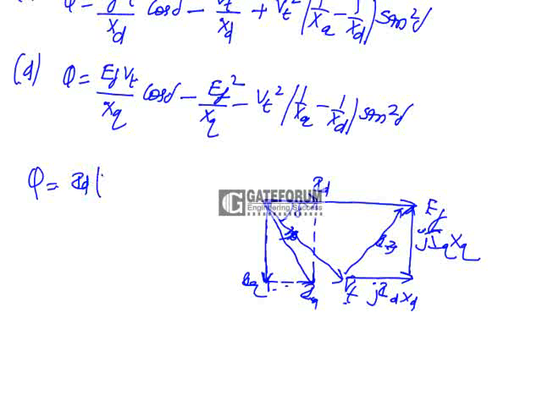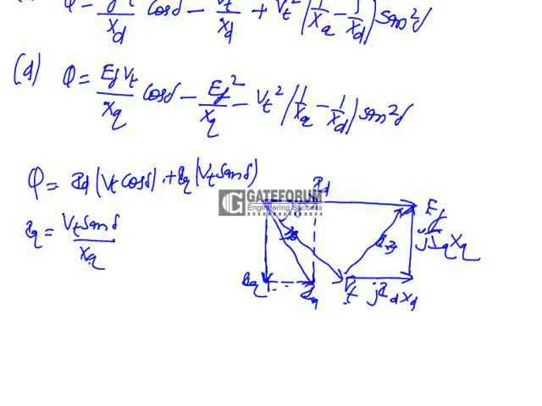This is Id into Vt cos delta plus Iq into Vt sin delta. Now, what is Iq here? Iq is given as Vt sin delta by Xq, whereas Id is given as Ef minus Vt cos delta by Xd. Substitute these two values in the reactive power equation.